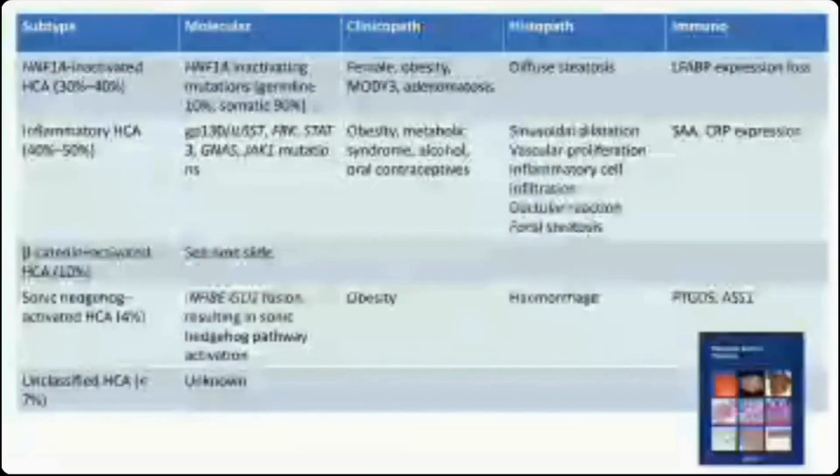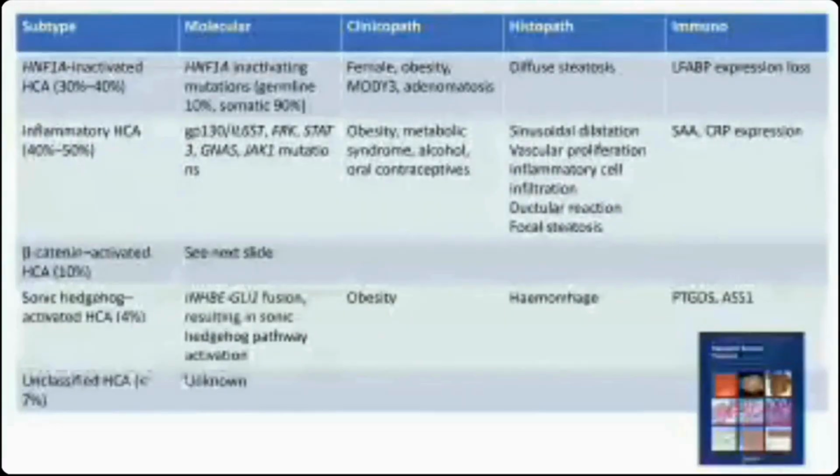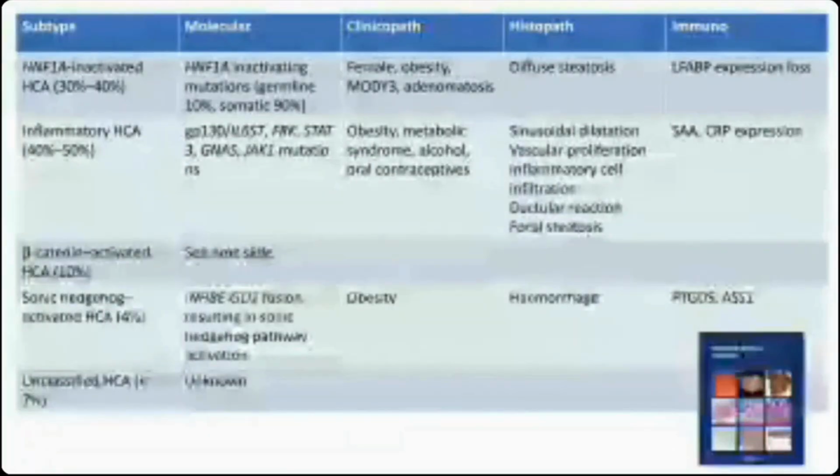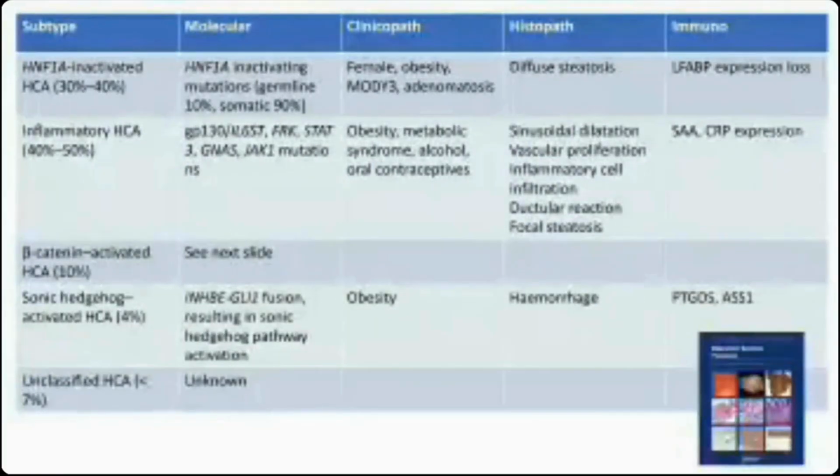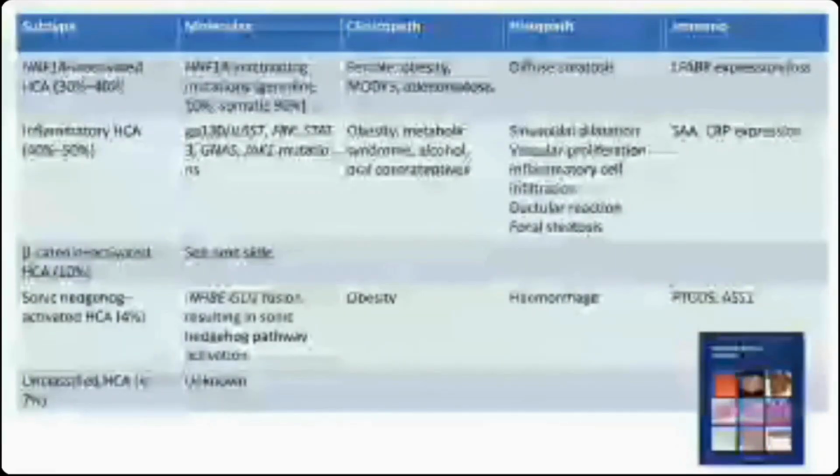And so this is the WHO 2020 classification, which has, I don't know if you guys have got it, some fantastic tables for adenoma differentiation and HCC. It's particularly good. I've just copied out the adenoma table.